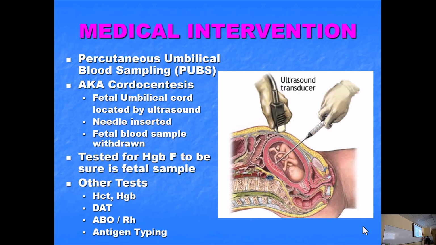Once they know it's hemoglobin F, they're going to do a hemoglobin and hematocrit, a DAT, an ABO/Rh, and an antigen type against whatever the antibody is that mama has. Because obviously something's causing the problem, and that's what we assume, but we have to verify it, right? Just like we antigen type the patient at the end to verify they don't have the antigen we're looking for.